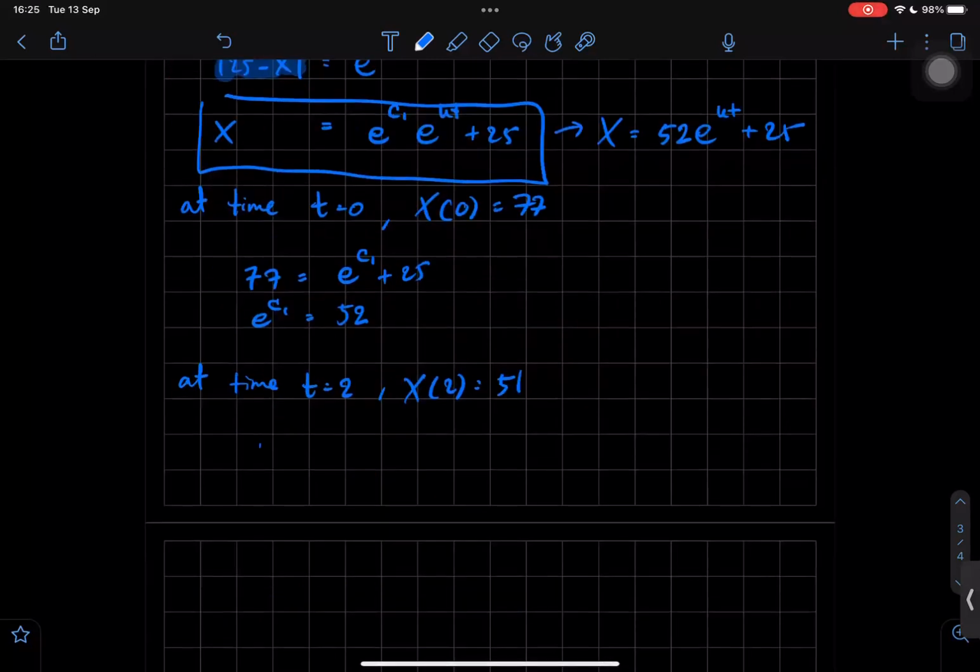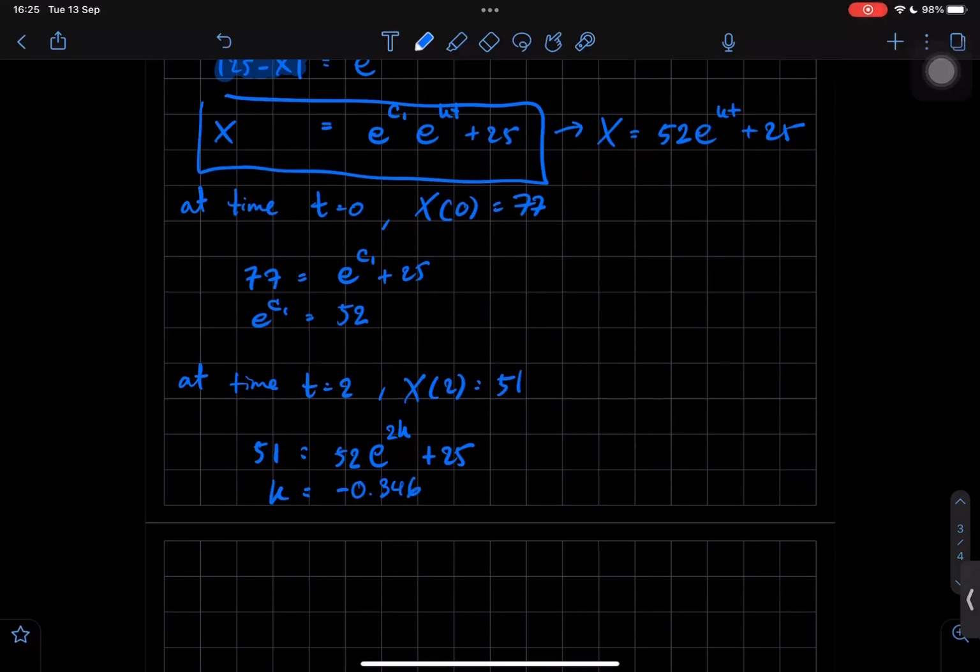Then we get that 51 equal to 52 e to the 2k plus 25. Okay, we get k equal to minus 0.346.